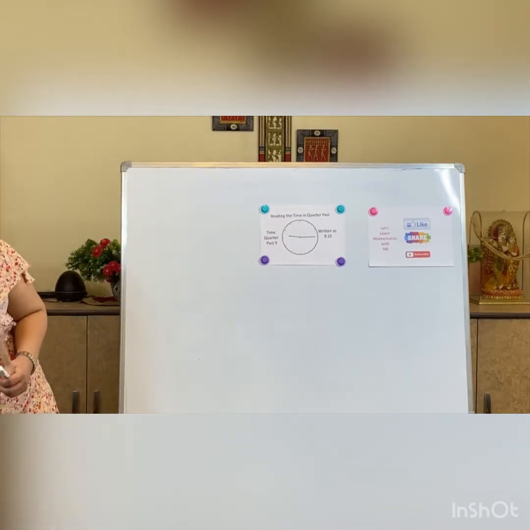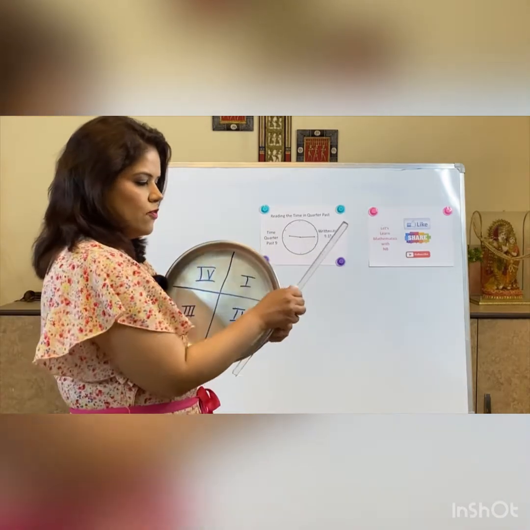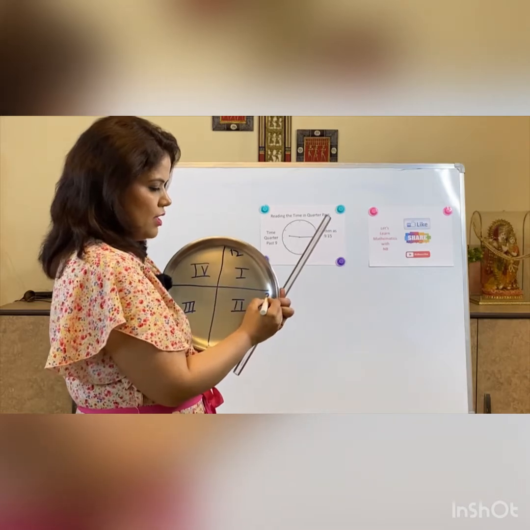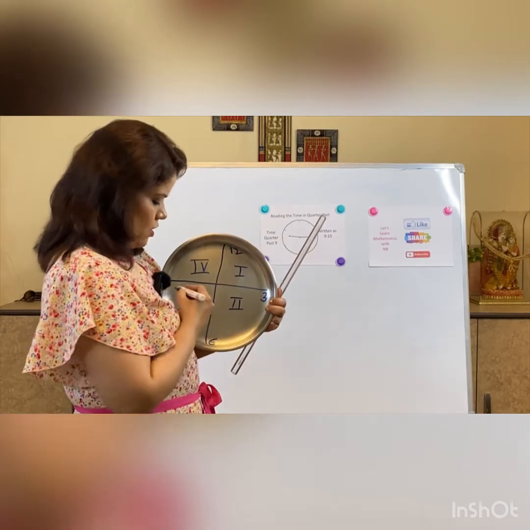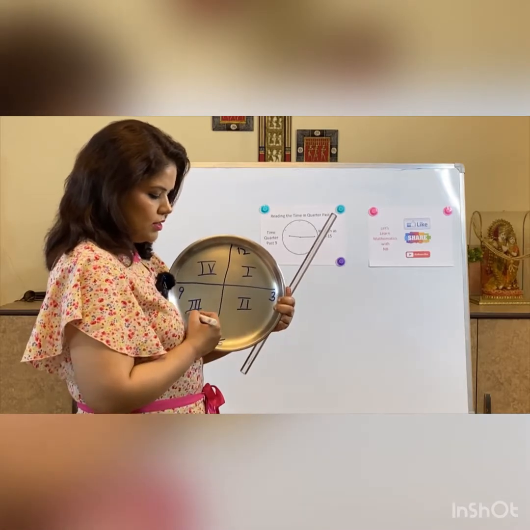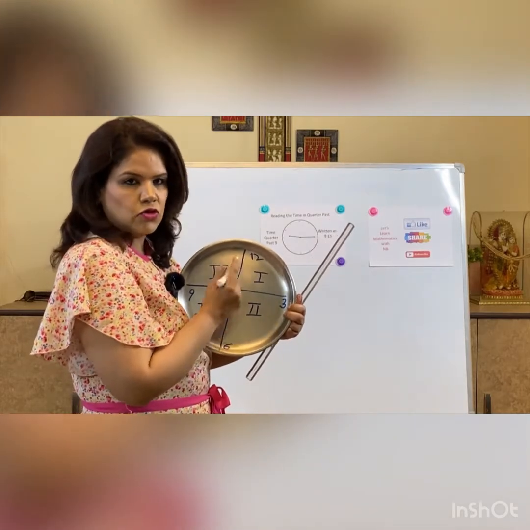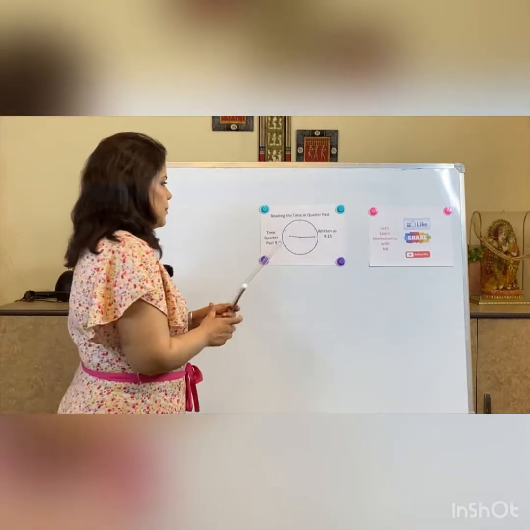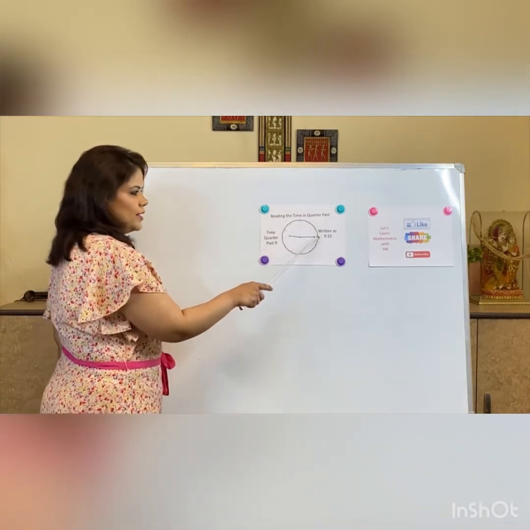You can see it is the same situation here. So this is the first quarter, this is the second, this is the third, and this is the fourth quarter. In this way, the minute hand has come from 12 to 3.